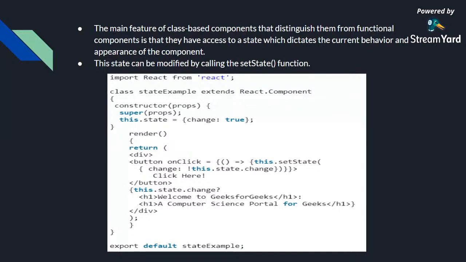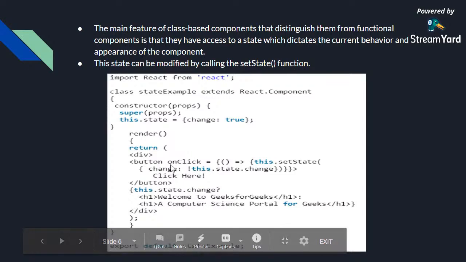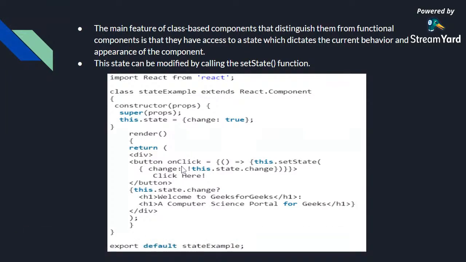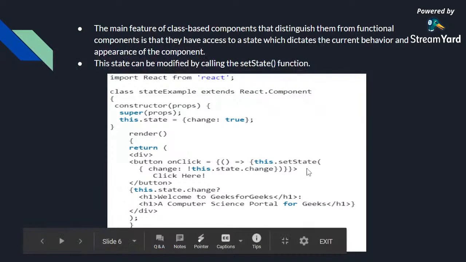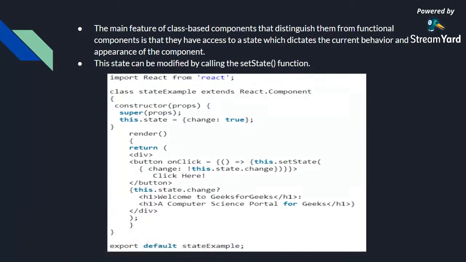Now this.state equals change: true, right? And then we have a render function. We have a button here, and we are generating an onClick function. onClick, as you all know, is a JavaScript function, and we are calling this onClick function and setting the state of change: if it's true, it becomes false; if it's false, it becomes true, right?